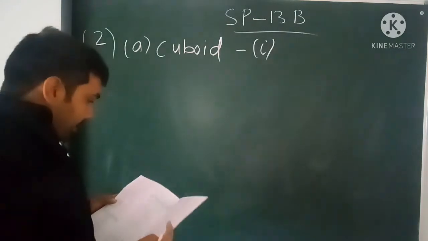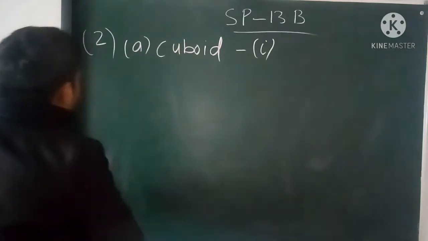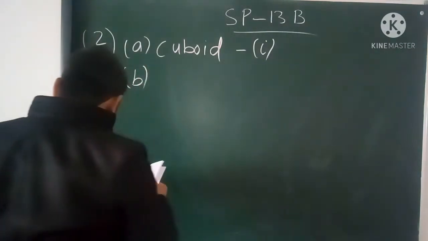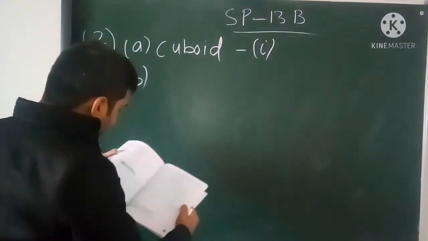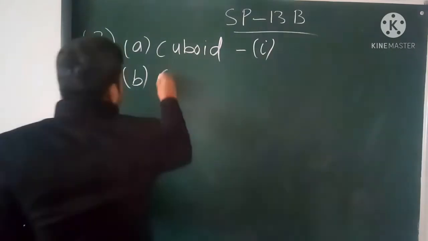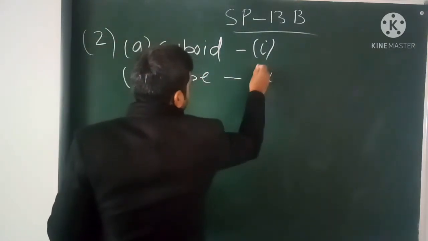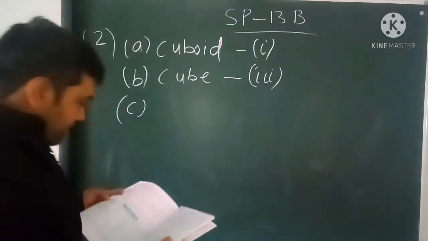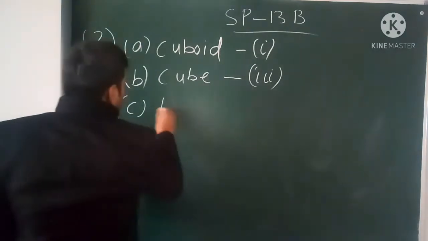So now for the second one, we see for the B. For the B we have cube, and for the cube it matches the third one. B is the cube. So the third one is the net diagram of the cube. Similarly, we see the C with the triangular pyramid.